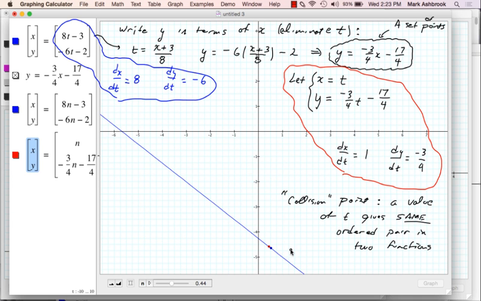An intersection is simply that the ordered pair is generated by both functions, but by different t's. It doesn't have to be a collision. So an intersection is any time that two functions generate the same ordered pair, whether it's a collision or not. Same ordered pair, regardless of t.